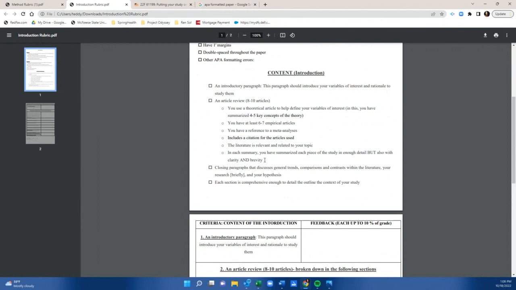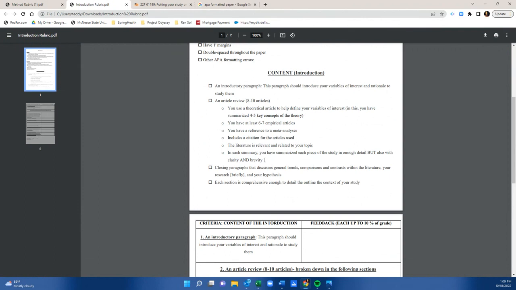You're not looking for an article that shows an experiment that was done with memory and personality. You're looking for an article that explains what is memory, what are the different types of memory, what is personality, what does this field think personality is. So it's a discussion based paper on the theoretical aspects of your topic.